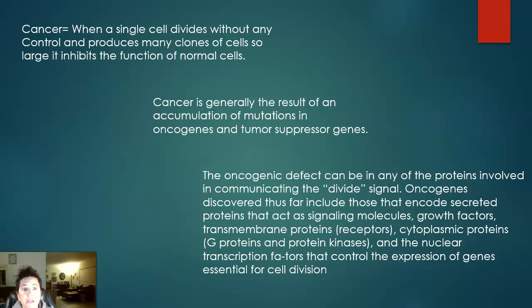They produce many clones, and it just grows and grows into other spaces. So cancer is generally the result of an accumulation of mutations in oncogenes and tumor suppressor genes.